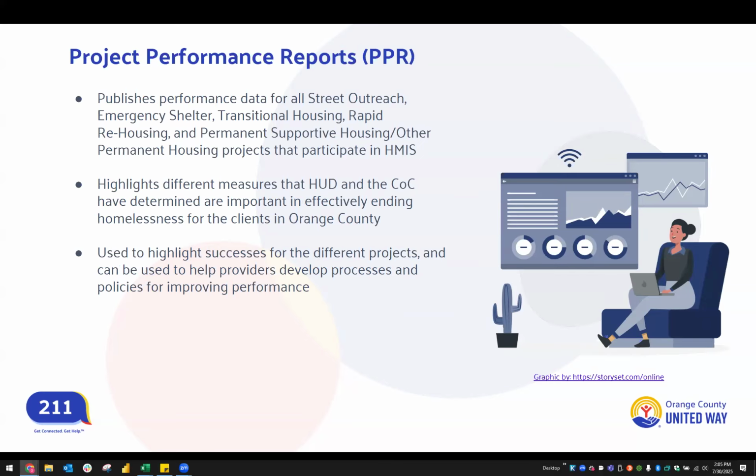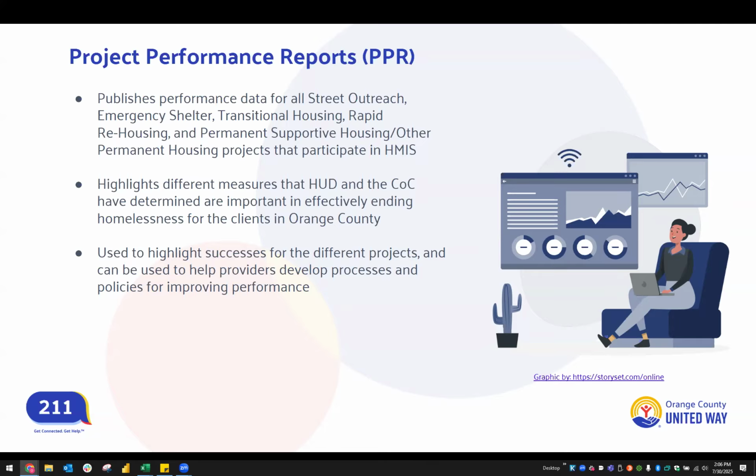So what is a project performance report? A project performance report is a report that publishes performance data for all street outreach, emergency shelter, transitional housing, rapid rehousing, permanent supportive housing, and other permanent housing projects that participate in HMIS.